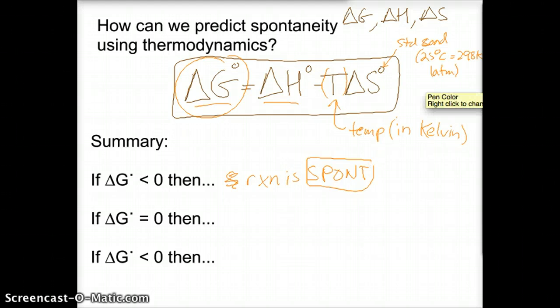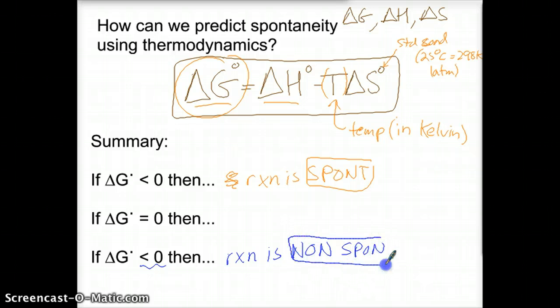If delta G is positive, then the reaction is non-spontaneous, or is spontaneous in the other direction. And finally, if delta G is equal to 0, then the reaction is at equilibrium. So those are the three main things you need to know about delta G and how to predict whether or not a reaction is spontaneous.